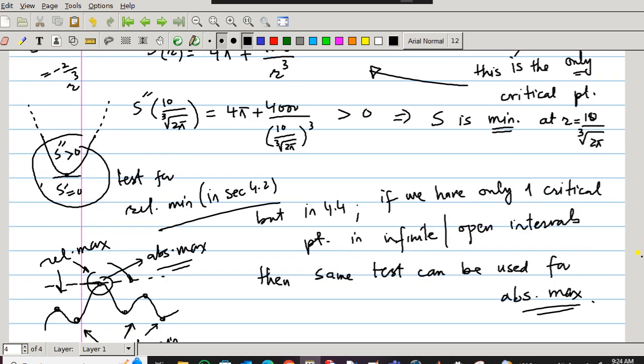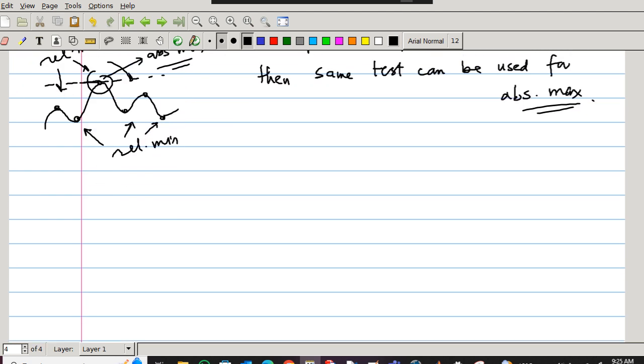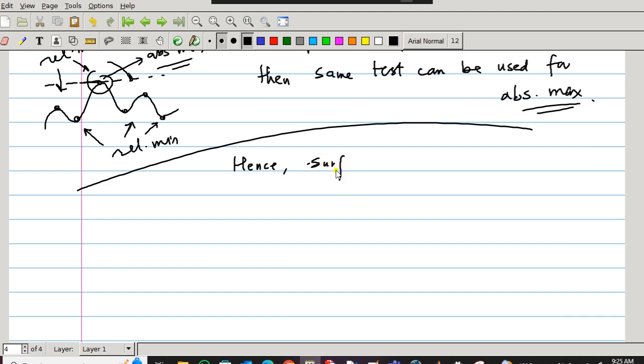So that's why I use the same test here, and I said the absolute minimum of S is when R is 10 by the cube root of 2 pi. So my answer is, hence the surface area or material needed is minimum when R is 10.